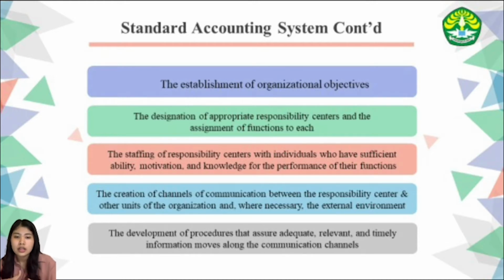In the fourth, we have to be concerned about the creation of channels of communication between the responsibility center and other units of the organization, and where necessary, the external environment too. And the final step is the development of procedures that assure adequate, relevant, and timely information moves along the communication channels. So that's all about the first course outline.